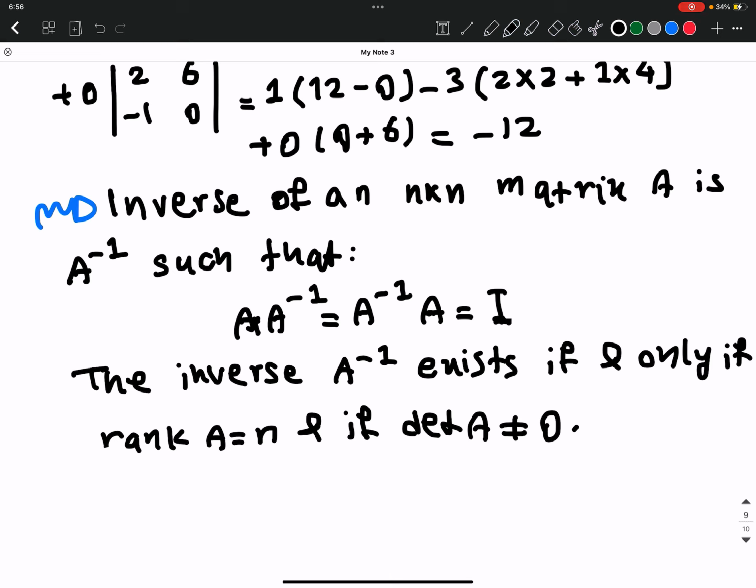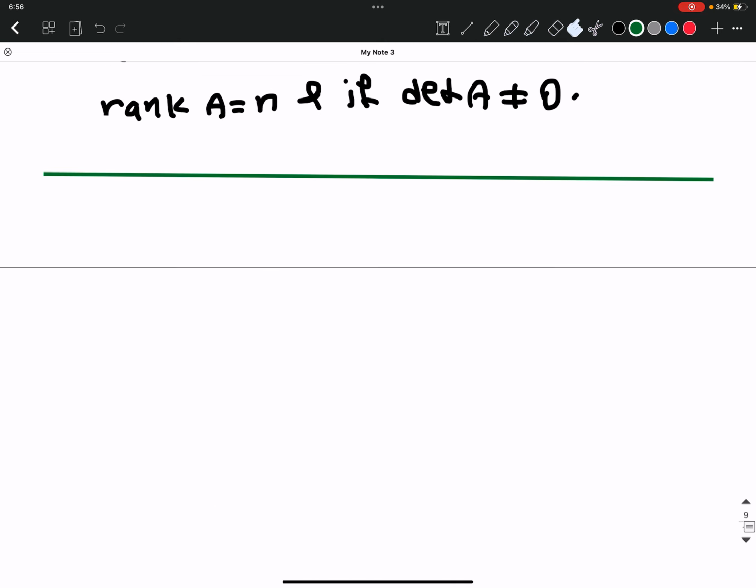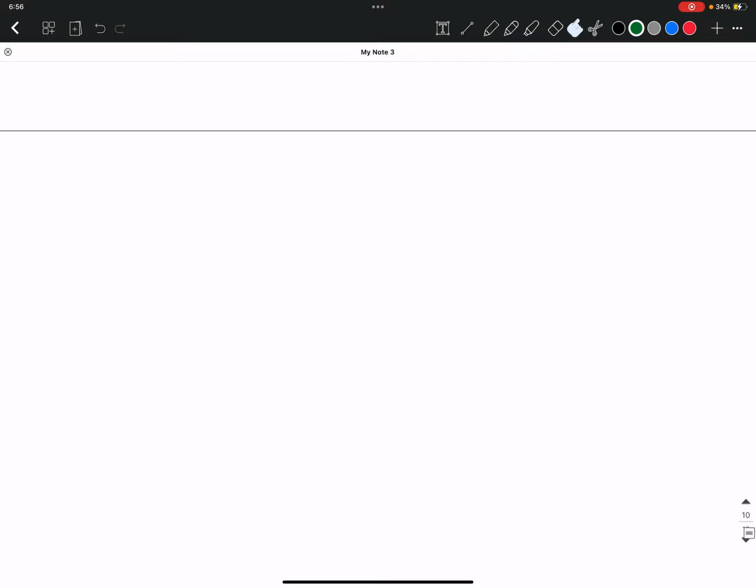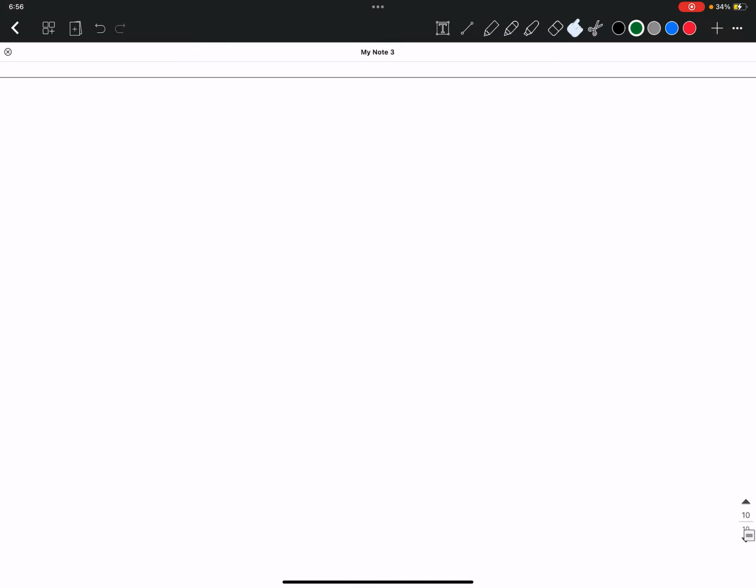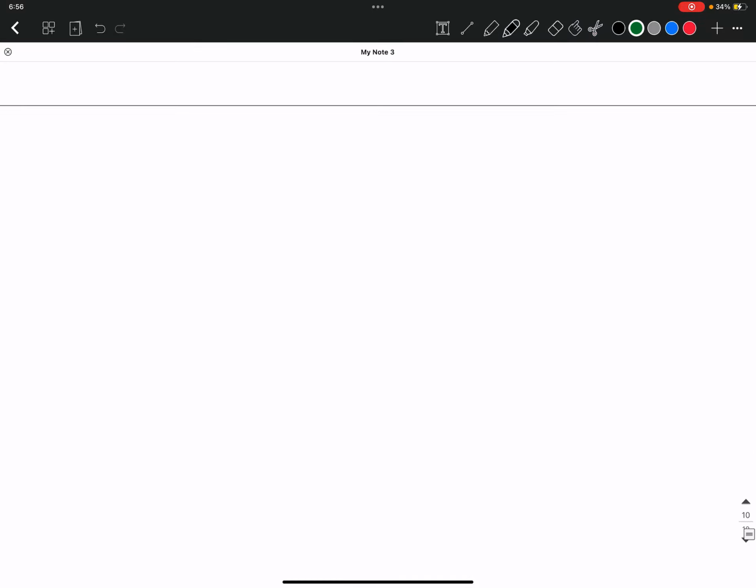Now I want to start a very important topic, and that is eigenvalue problems. So let's see what are eigenvalue problems. It's a very, very common and very important topic in linear algebra, and it has a lot of implications.